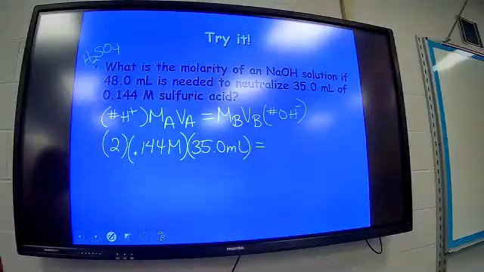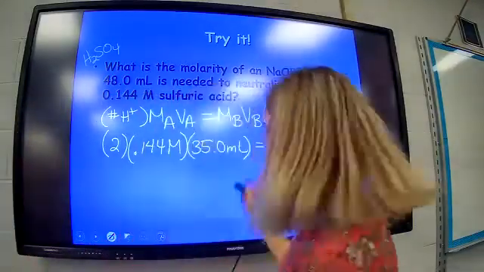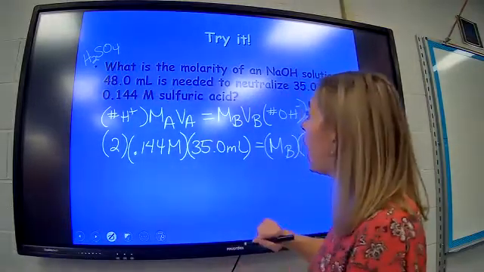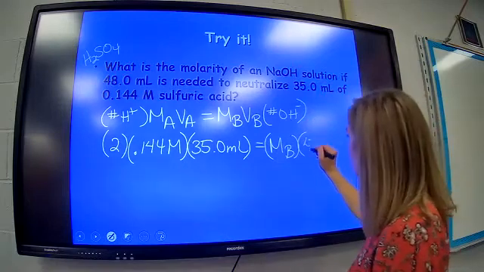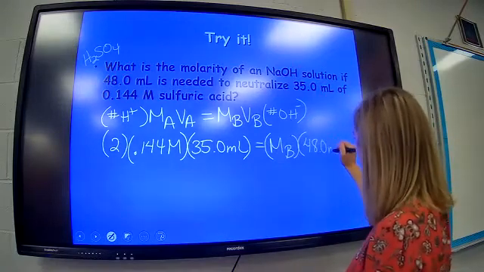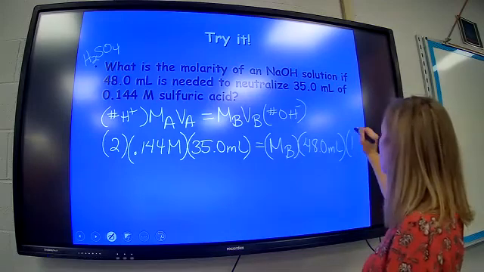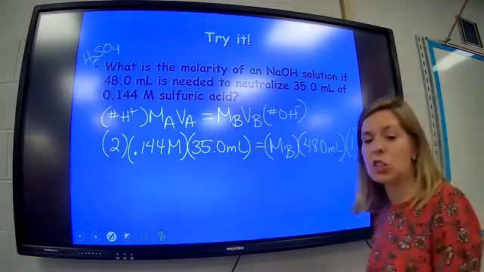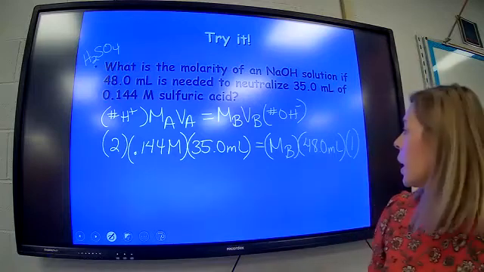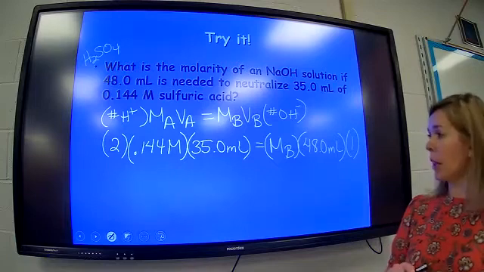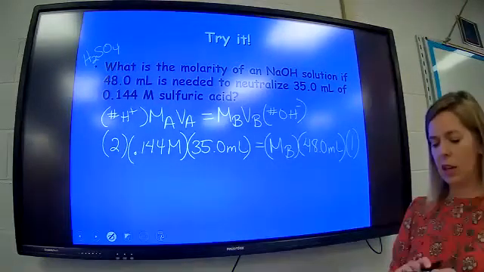All right, the molarity of the base is the thing that we are looking for. Volume of the base is 48 milliliters. And there is only 1 hydroxide ion present in the base because it's NaOH. So now we just do our math to figure out the molarity of the base.